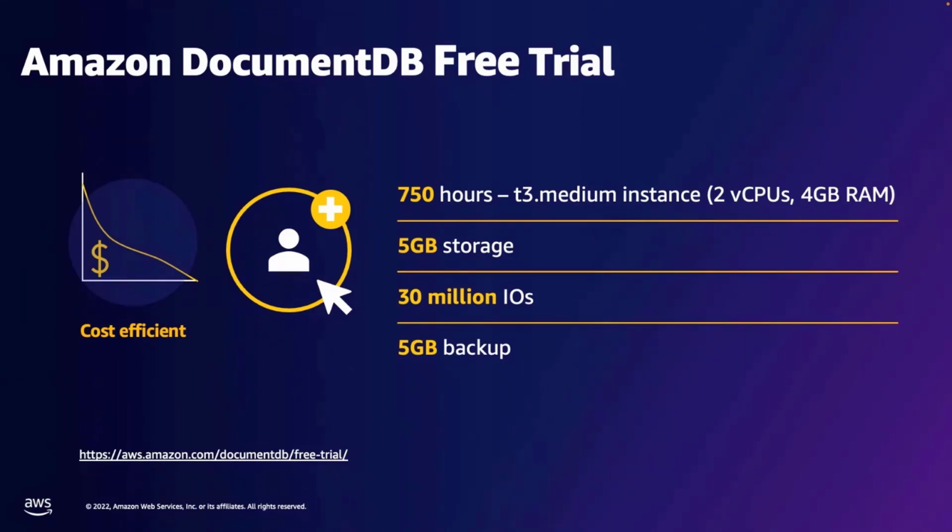With the free trial, you get 750 hours per month of T3 medium instance usage, 30 million IOs, 5 GB storage, and 5 GB backup for free for 30 days. Once the one month free trial expires or your usage exceeds the free allowance, you can shut down the cluster to avoid any extra charges, or you can keep it running at our standard on-demand rates.